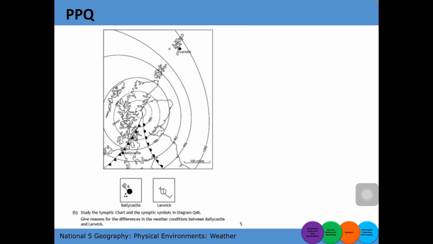It is 8 degrees in Ballycastle, whereas it is 4 degrees in Limerick. This is because Limerick is in the cold air sector, whereas Ballycastle is in the warm air sector. And that would be us completed that question at that point.